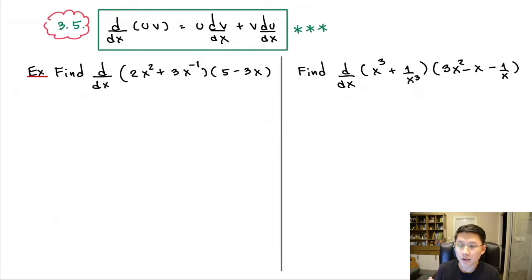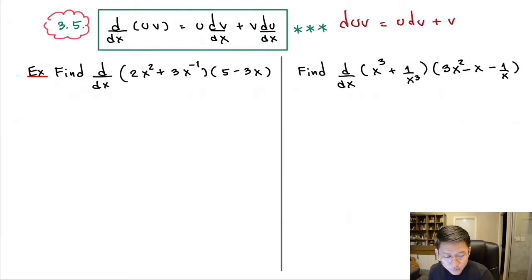So in order that you can memorize it easily, you can call it d of uv is u dv plus v du. Okay, sorry. So it's u dv plus v du.